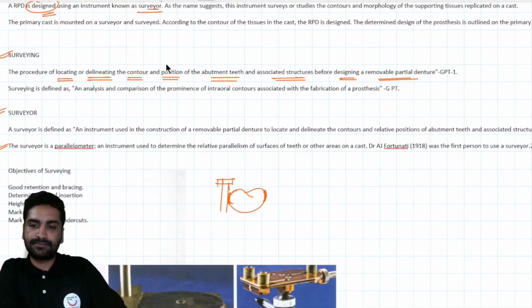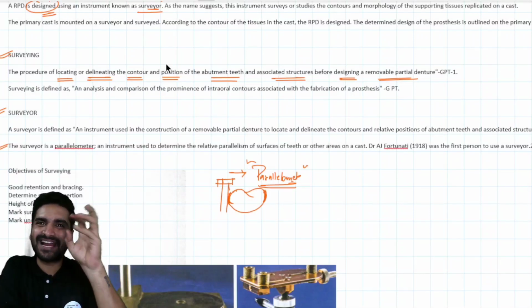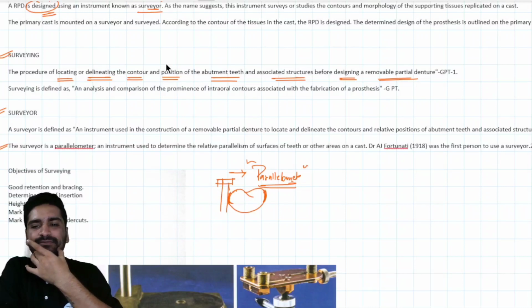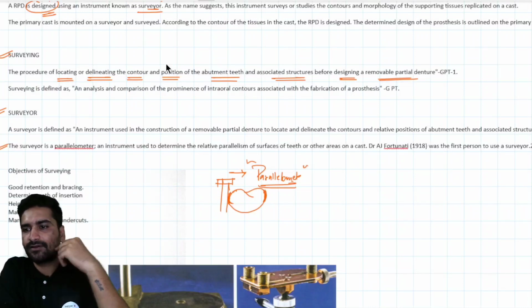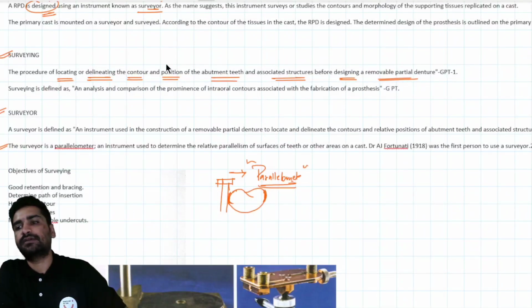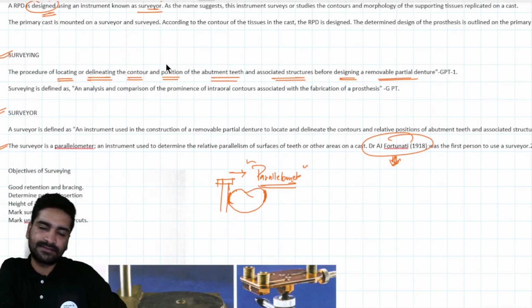So something which measures the parallelism is known as parallelometer, right? So surveyor is a what? It is a kind of parallelometer which is used to determine the parallelism of the surfaces of the teeth or the other areas of the cast. A.J. Fortunati in 1918 was the first one to come up with the use of surveyor.